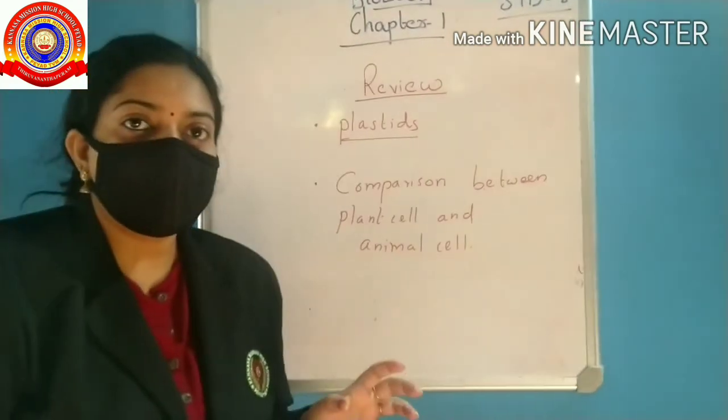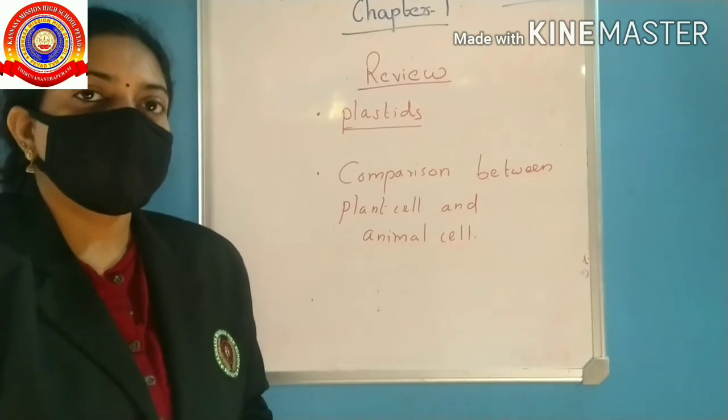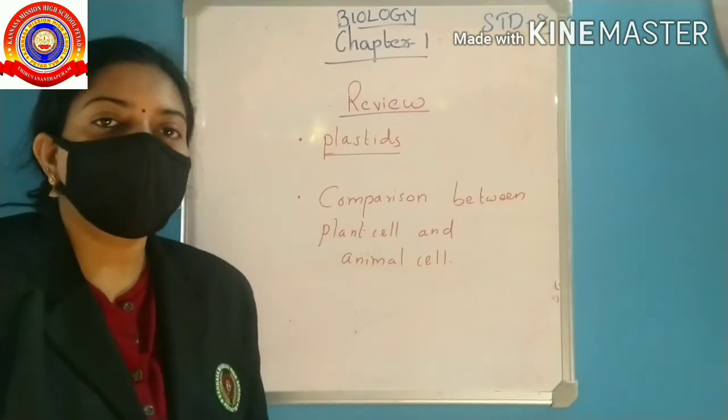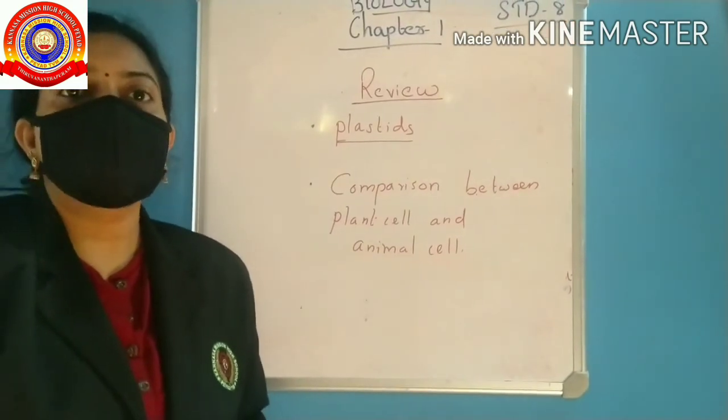Some organelles are present in both plant cell and animal cell, and some are present only in plant cell or animal cell. Okay, I hope all of you understood today's topic.